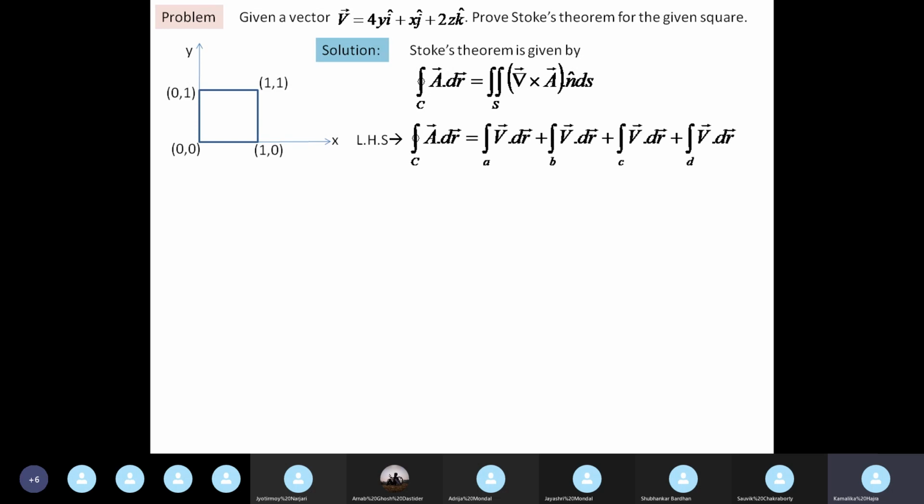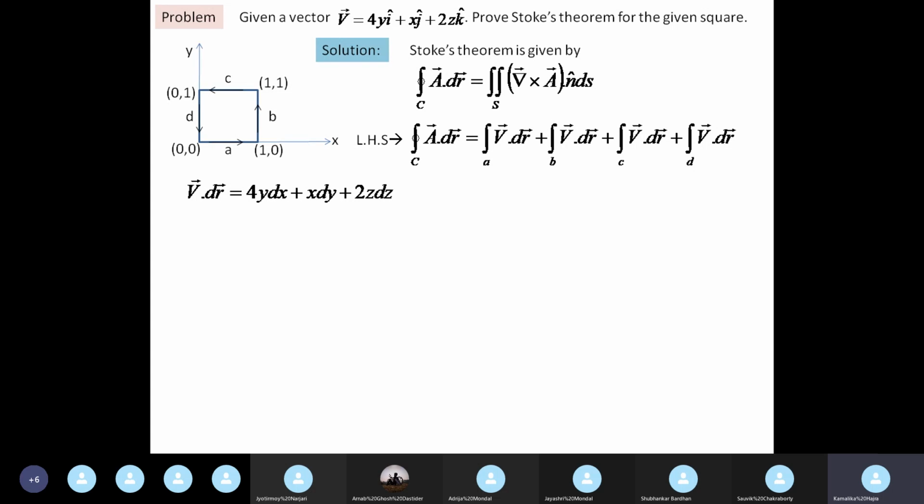For the left hand side, it is v dot dr for this problem. Now we have divided up the closed line integral into 4 segments, a, b, c and d. So this is the direction a, b, c and d.